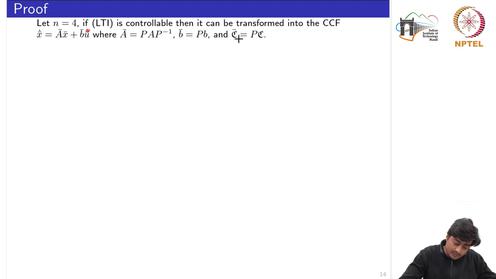And there is also a relationship between the controllability matrices. So the one with the bar sign represents the controllability matrix of the transformed pair, and this matrix is of the original A, B pair, and they are related by this P matrix as well. Okay.